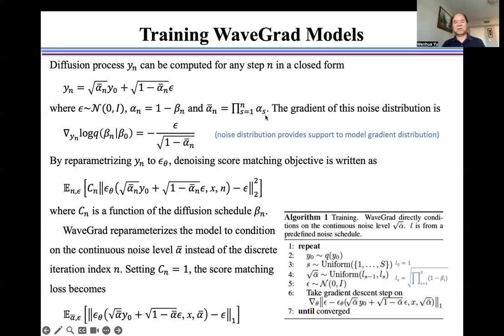The gradient of this noise distribution is calculated from this formulation, where epsilon is a noise distribution. By reparameterizing y_n to epsilon_theta, the denoising score matching objective is written as here, where c_n is a function of the diffusion schedule beta_n.